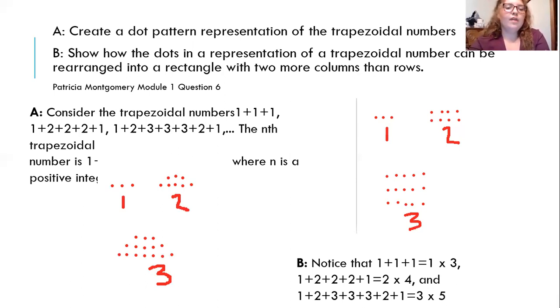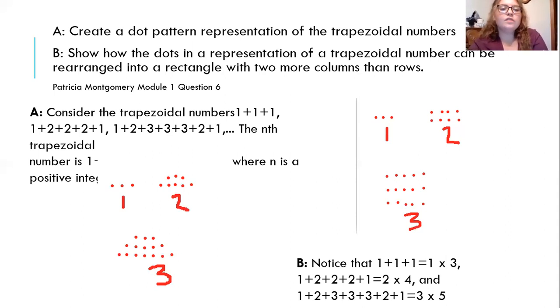So we showed that. And now we're going to go on to part B, and it shows us that 1 + 1 + 1, like we did in the first one, also equals 1 × 3. So then if we go on to 1 + 2, 2, 2, 1 that we had before, that is also equal to 2 × 4. So now we're making rectangles out of it.